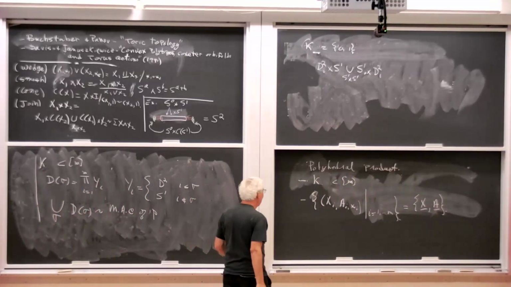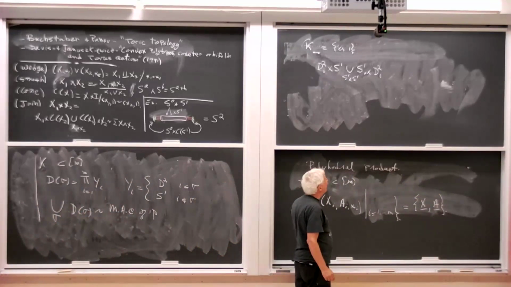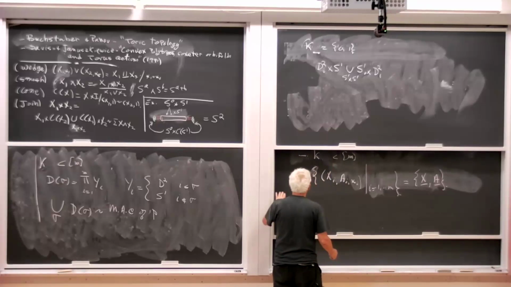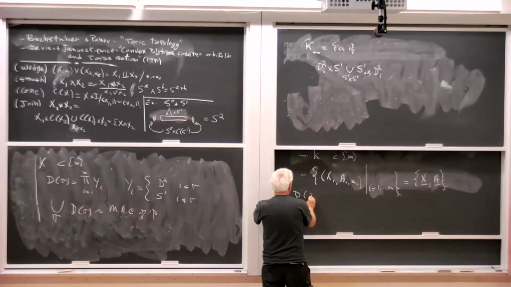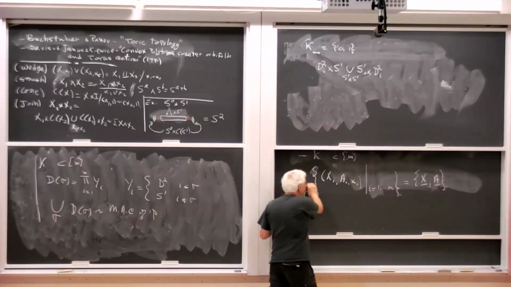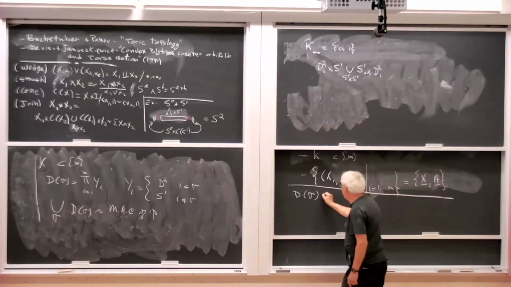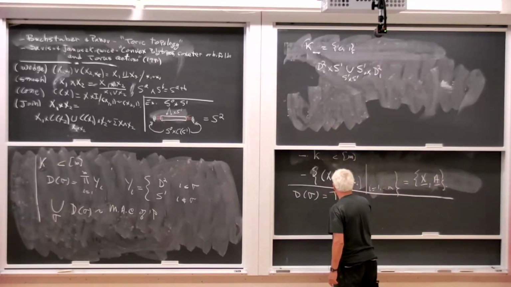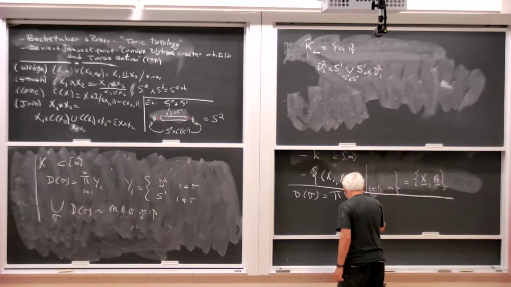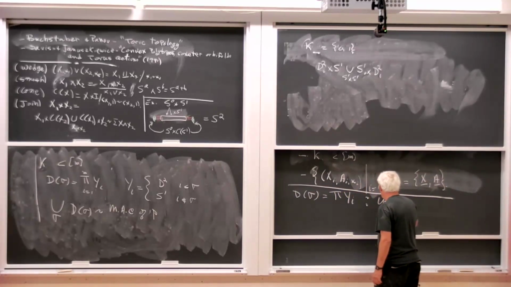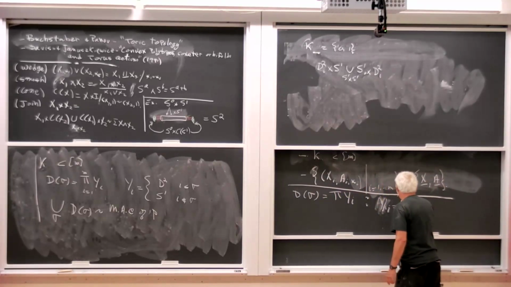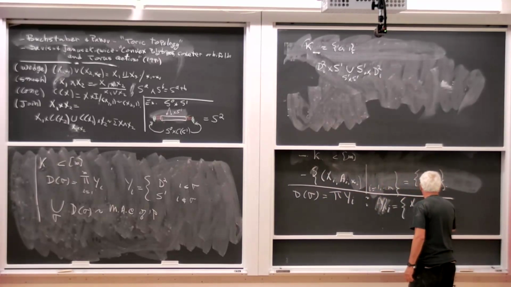But with this general data, and it's been generalized beyond that, I could still define D sigma. And I do exactly what I did over there. It's a product of spaces Y_i, where Y_i equals X_i if i belongs to sigma, A_i if i does not belong to sigma.